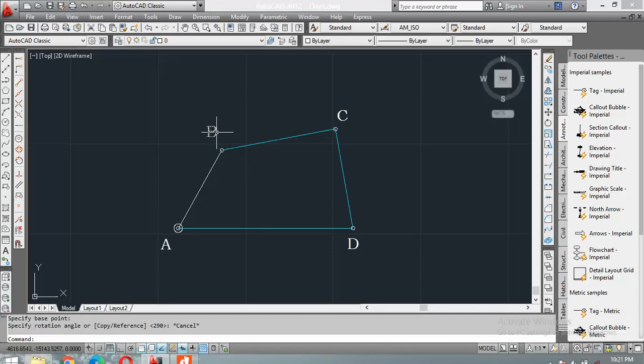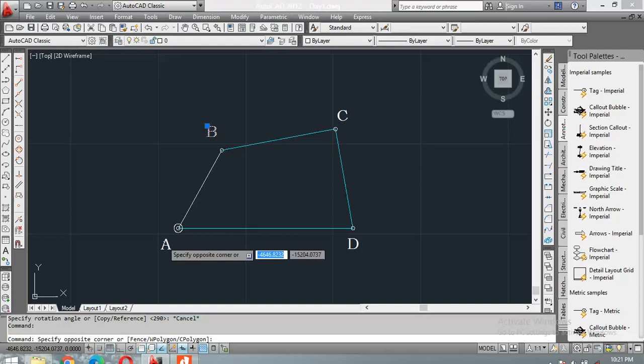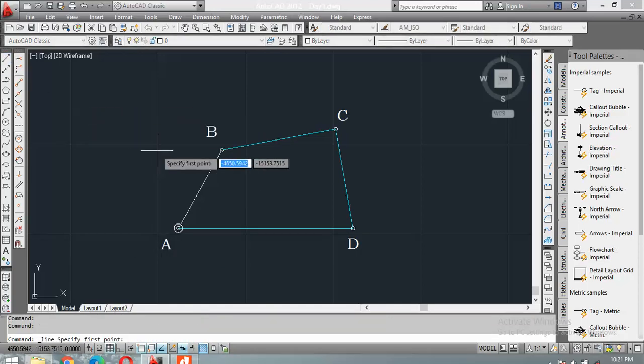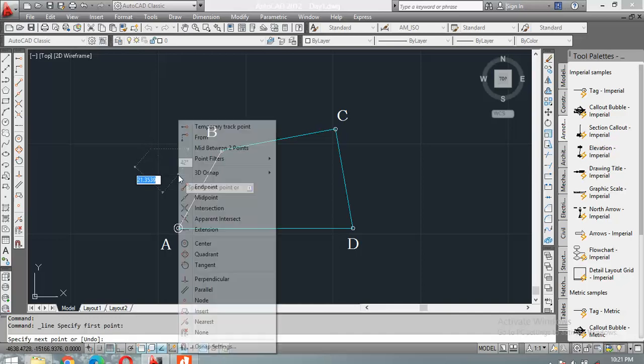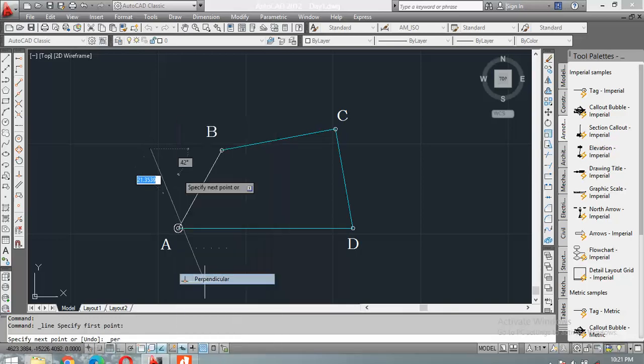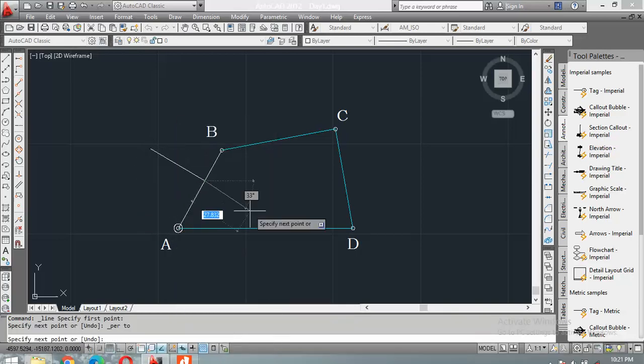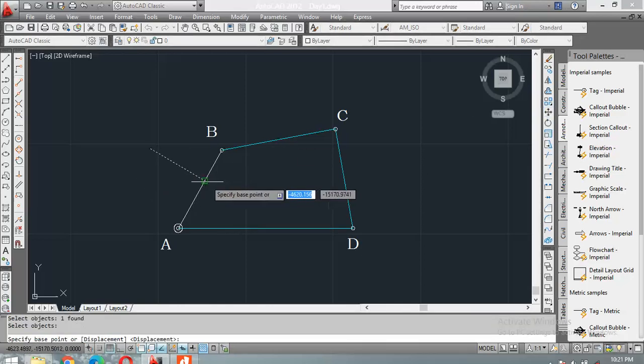If A is the hinge, the direction of velocity of B must be perpendicular to the AB link. So let us draw one line perpendicular to the AB link, and this vector represents the velocity of point B.